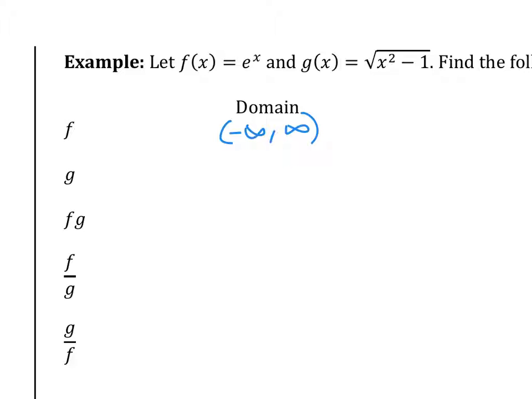Domain for g, you got to do this like on a warm-up. Inside the square root has to be greater than or equal to 0, so try to find that. It's not the exact same number. This parabola x squared minus 1 is going to go up instead.